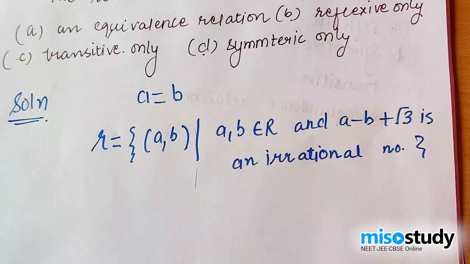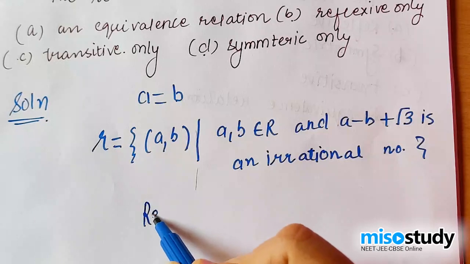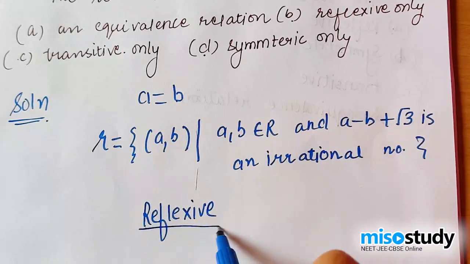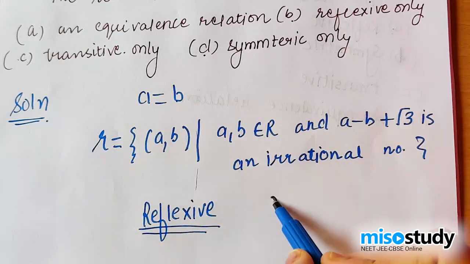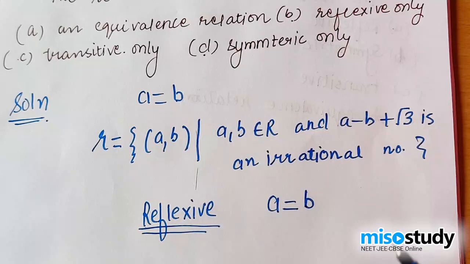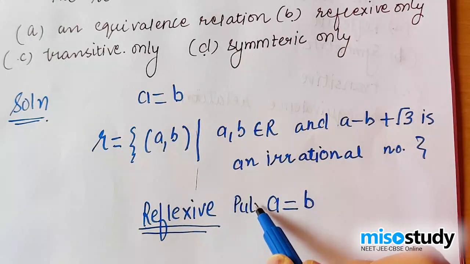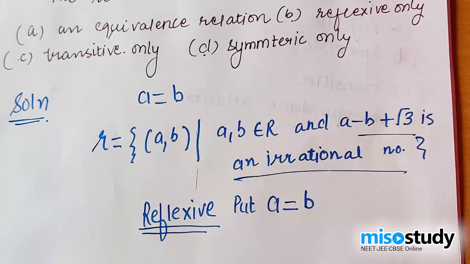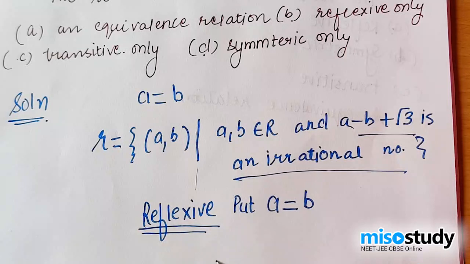Okay. Now we have to work on it. To check for reflexive, you must have a equal to b. So if you put a equal to b and this condition still holds, then your relation is reflexive. So let's put a equal to b over here. Once I put a equal to b, that means a - a + √3.